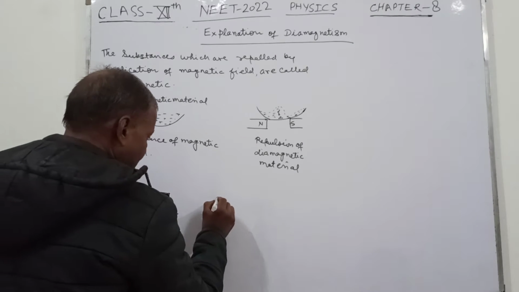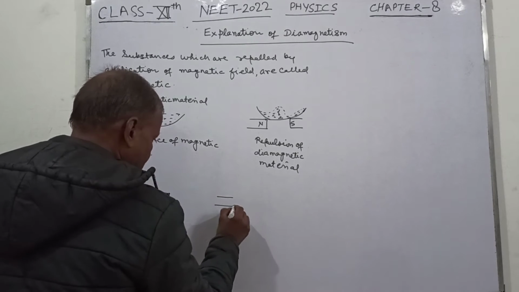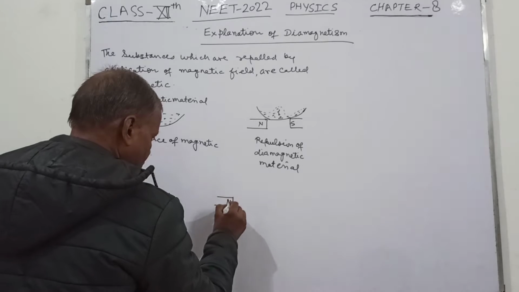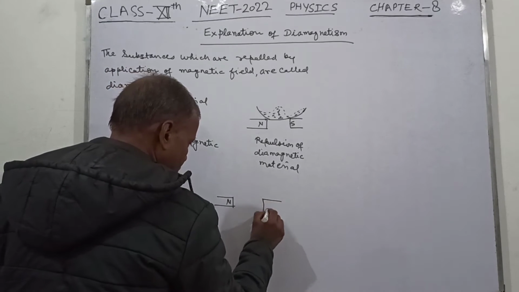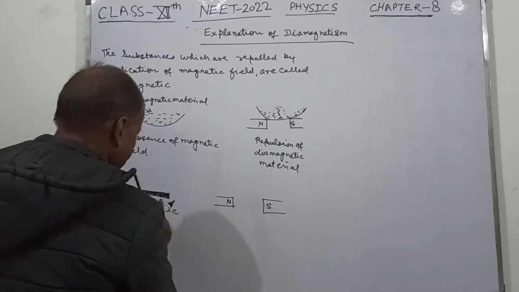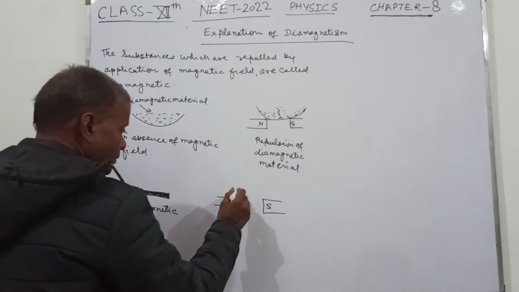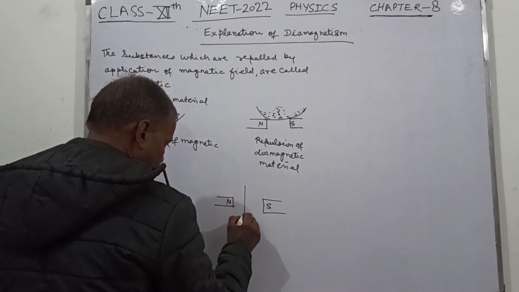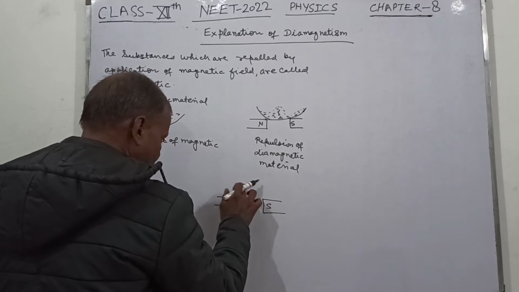And now suppose we apply the magnetic field. Then this rod, lying in this way, becomes perpendicular.